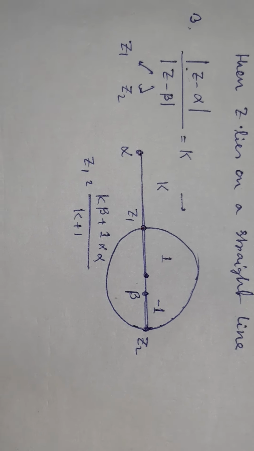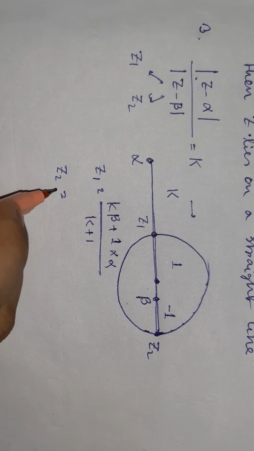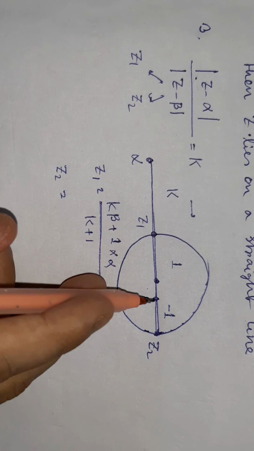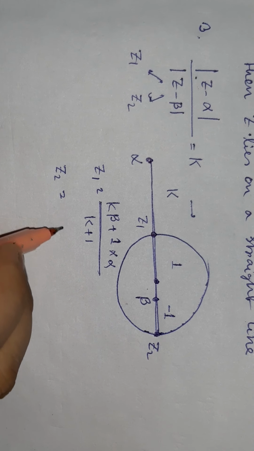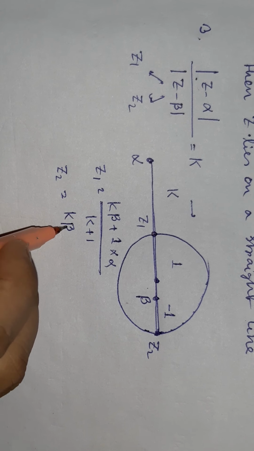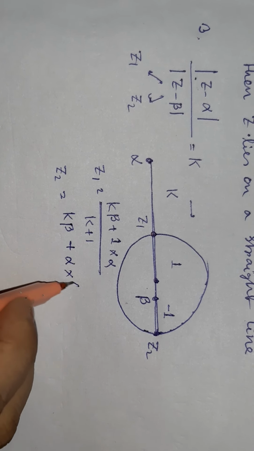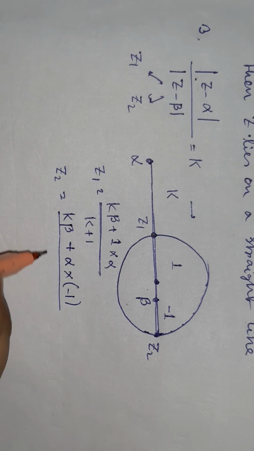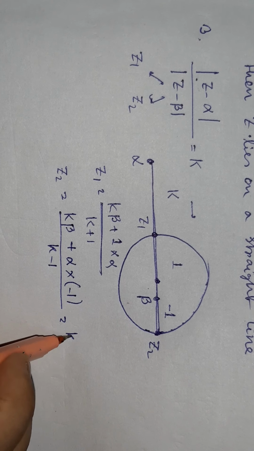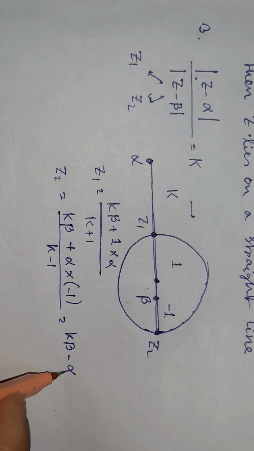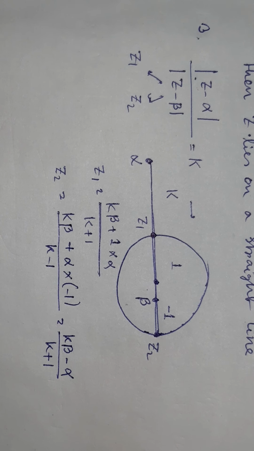And then what is z2? z2 is k into beta plus alpha into -1, divided by k minus 1, and this is nothing but k beta minus alpha divided by k minus 1.